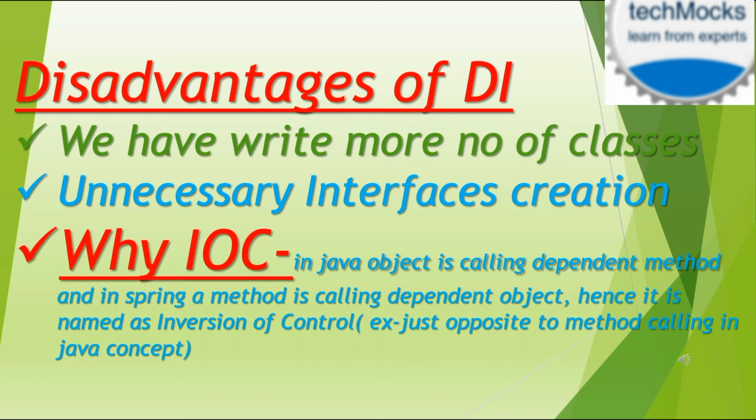So this is one way. If you look at Spring, it is not calling the method. Instead of calling the method, it would find the related dependencies, meaning both scenarios are different from each other. You can understand it this way, both scenarios are opposite to each other. That is the reason it is named inversion of control.